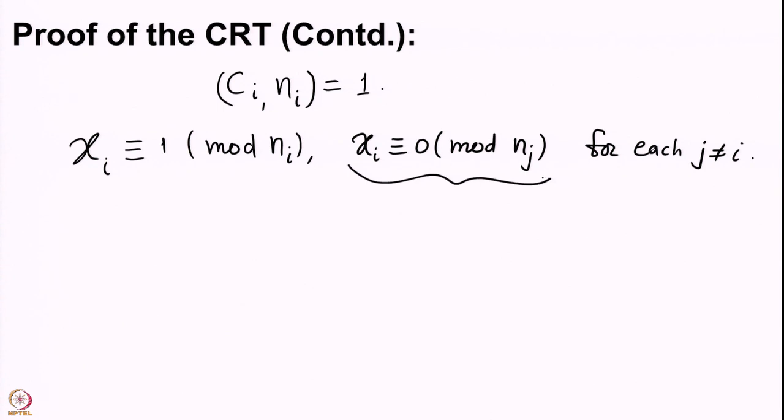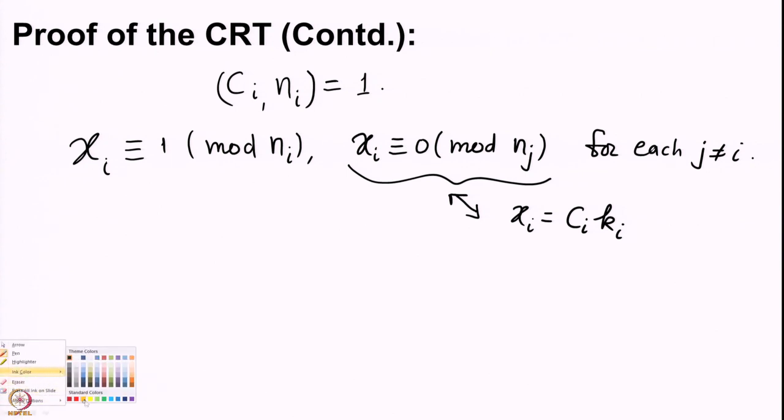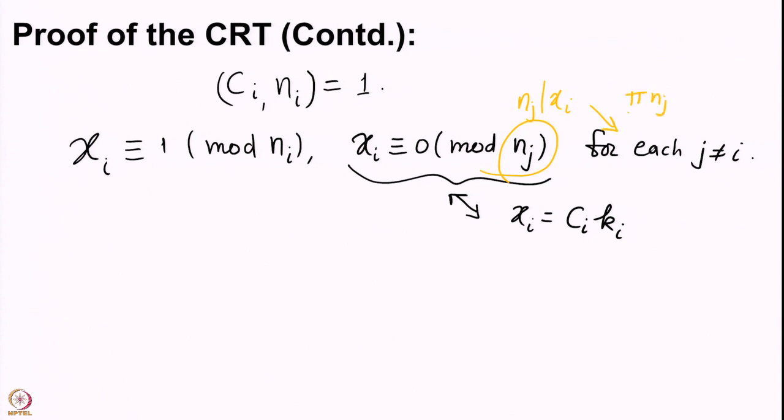So, this condition tells us that xi is a multiple of Ci, because each nj wherever j is not equal to i would divide xi, and therefore the product of nj where j is not equal to i divides xi, but this is simply Ci by our definition of Ci.